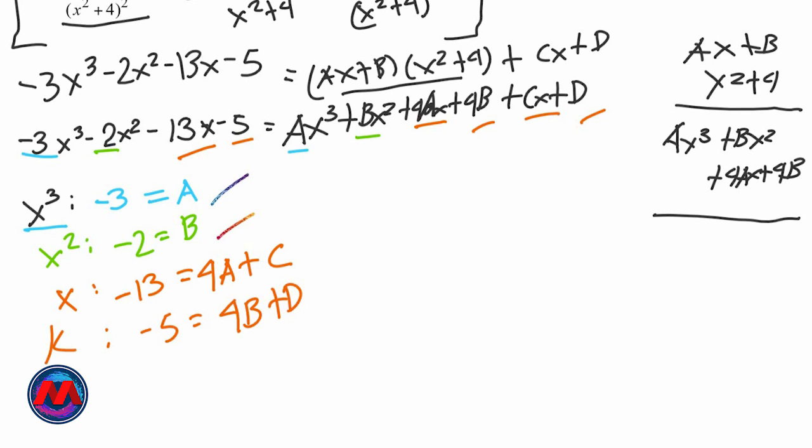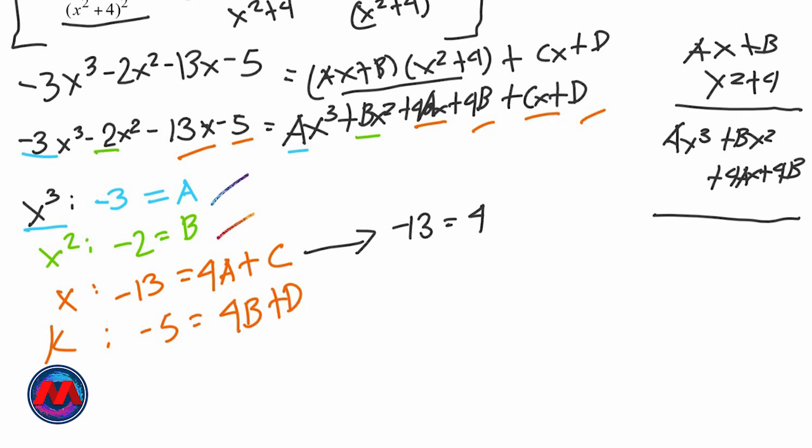May value na ng a, tsaka may value na ng b. So, isa-substitute na lang natin yon dito sa mga succeeding equations. Isa-substitute natin yung a dito para makuha yung c. Gagamitin natin yung b sa last equation para makuha yung d. Okay, so, negative 13 is equals to 4a plus c.